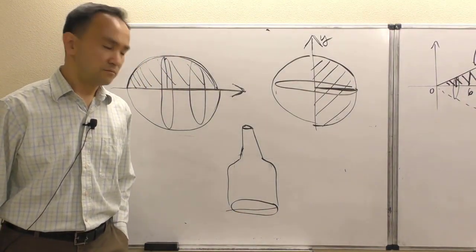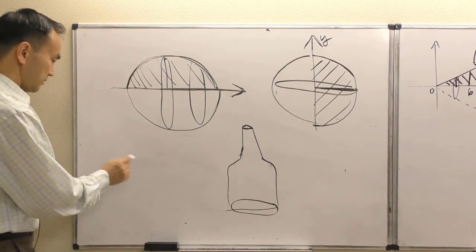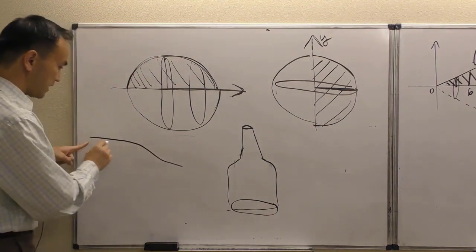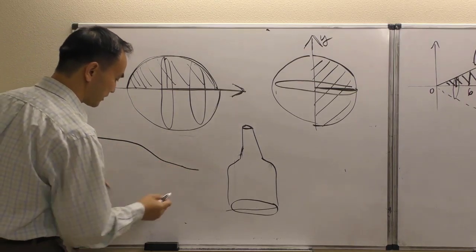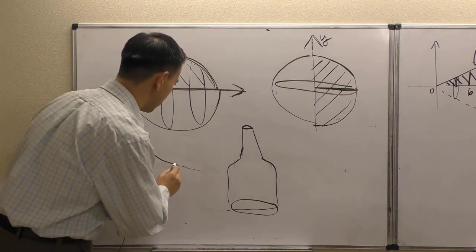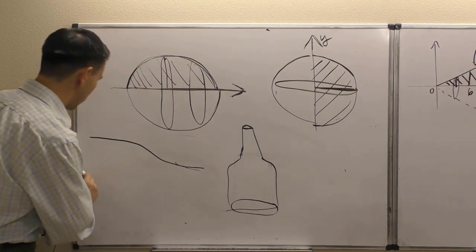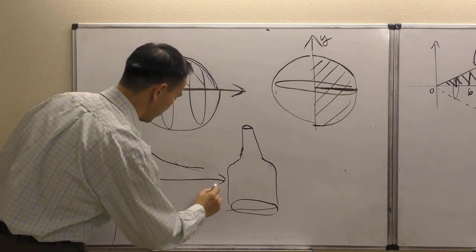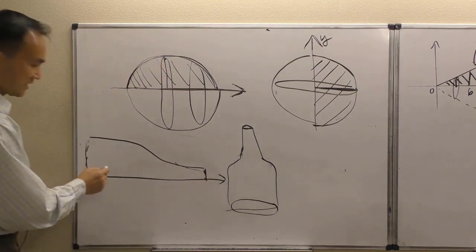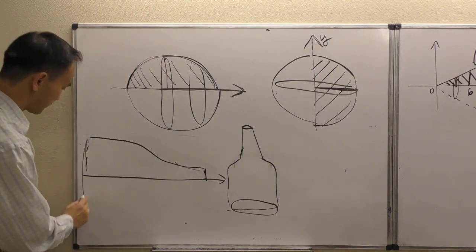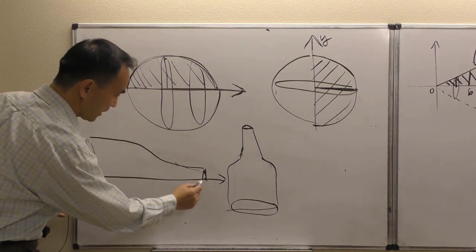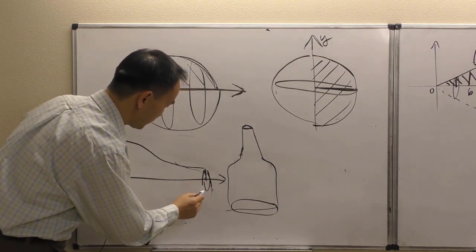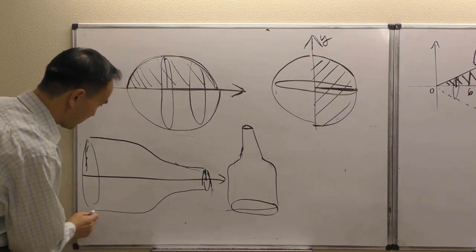I can see this as, if we can find out what that curve is, what that function is, having a curve like this, together with the x-axis, for example, it creates a region like that, and now we're going to be rotating that region. We end up with a bottle. Bottleneck is here, and there's our bottle.